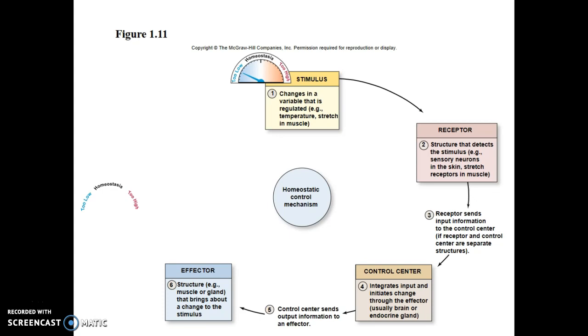In your body, it's going to be muscles or glands that are going to bring about a change. In this case, the muscles are going to start contracting because a byproduct of muscle activity, muscle movement, is heat. And that's going to allow us to go back to homeostasis and be comfortable.